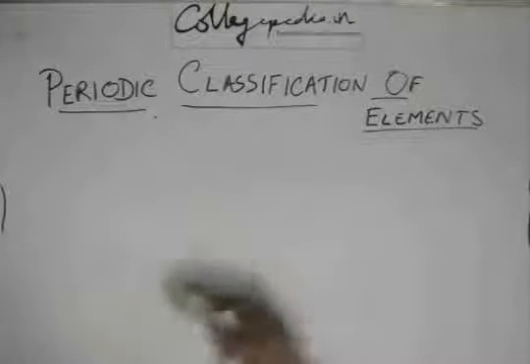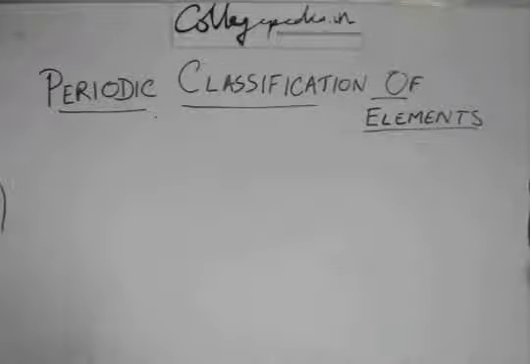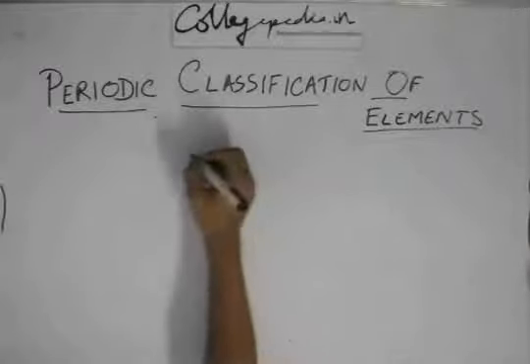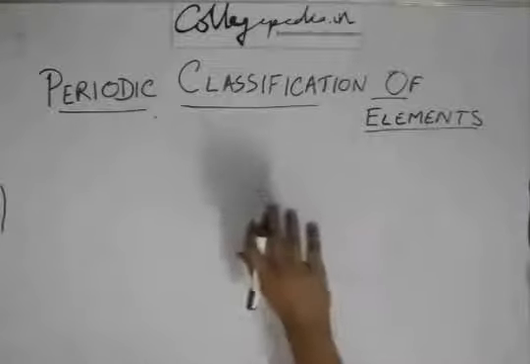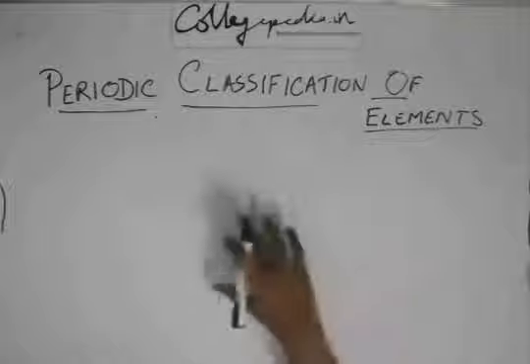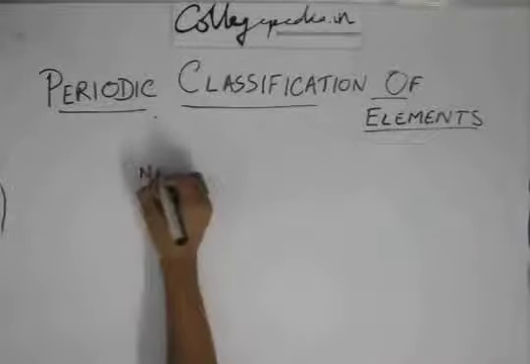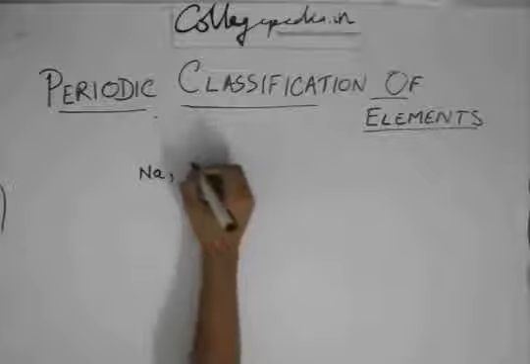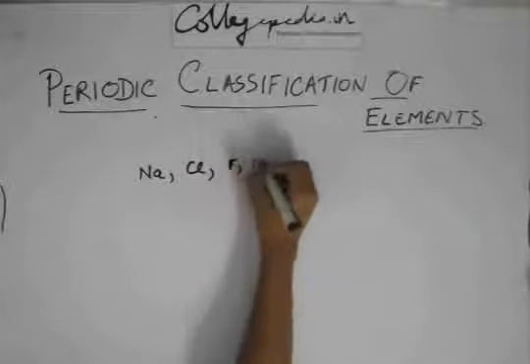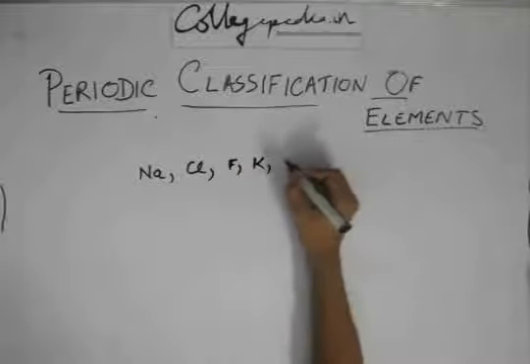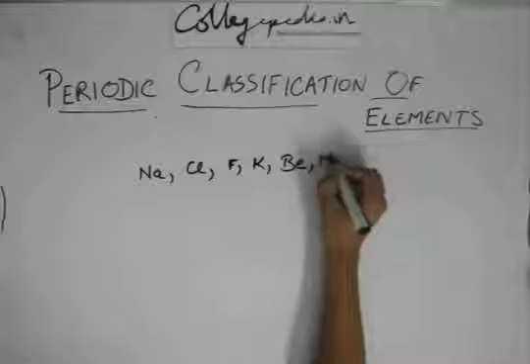And one very important question, some tricky questions are like, arrange them in increasing order of metallic nature, or arrange them in increasing order of non-metallic nature. Suppose you have sodium, chlorine, fluorine, potassium, beryllium, magnesium.